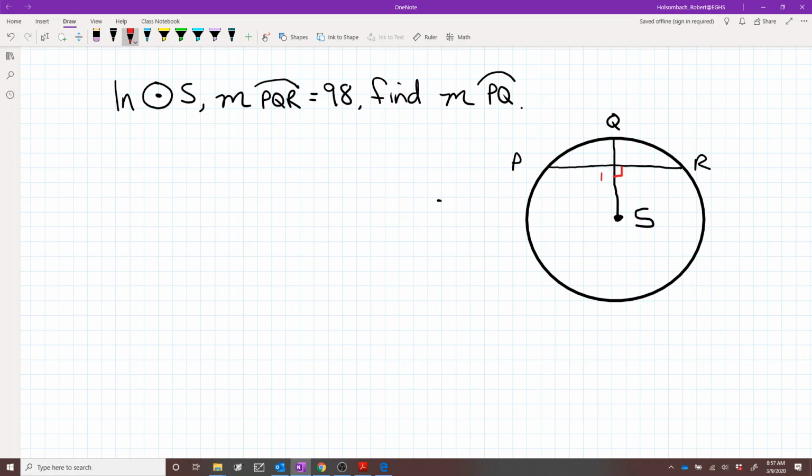This is point T, and TR is equal to 6. Arc PQR, 98 degrees. Arc PQR, that's from right here around to here, 98 degrees. Find P to Q.